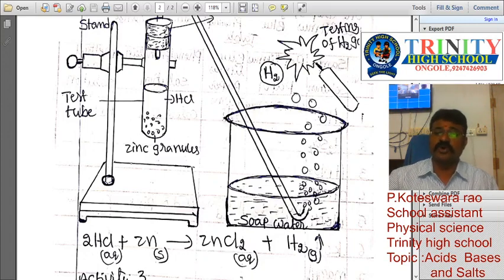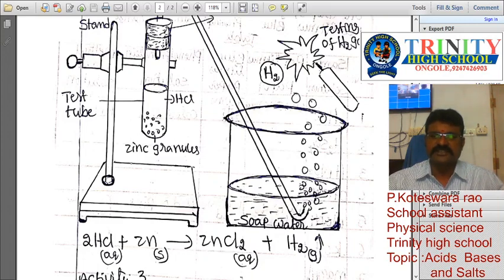There is also one more, the downward arrow mark, which indicates precipitation, PPT. Once again, aq means aqueous, s means solid, g means gas, upward arrow means gas, downward arrow means precipitation, PPT, and l means liquid state.